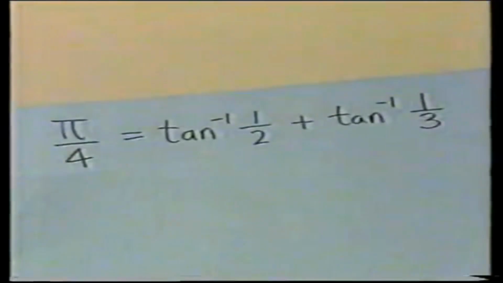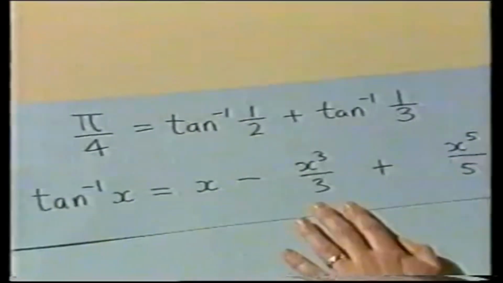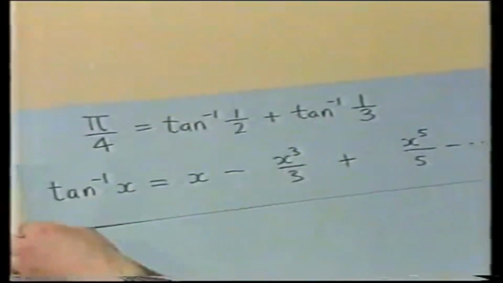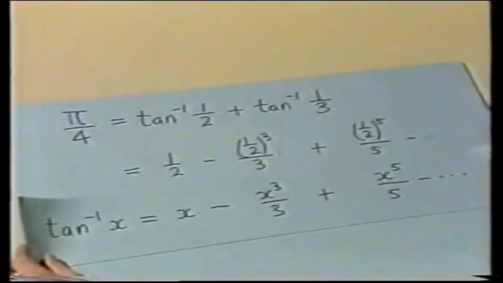Here's the first, tan to the minus 1 a half plus tan to the minus 1 a third. Each of these numbers, a half and a third, is less than 1. So we can certainly use the Taylor series for tan to the minus 1 x, with x equals a half and x equals a third. Here's the Taylor series for tan to the minus 1 a half. And then we add on to that the Taylor series for tan to the minus 1 a third.